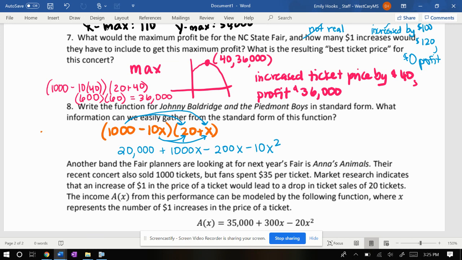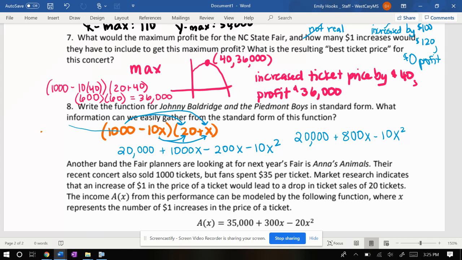If I simplify that, I get 20,000 plus 800x minus 10x squared. And then it asked, what information can we easily gather from this?